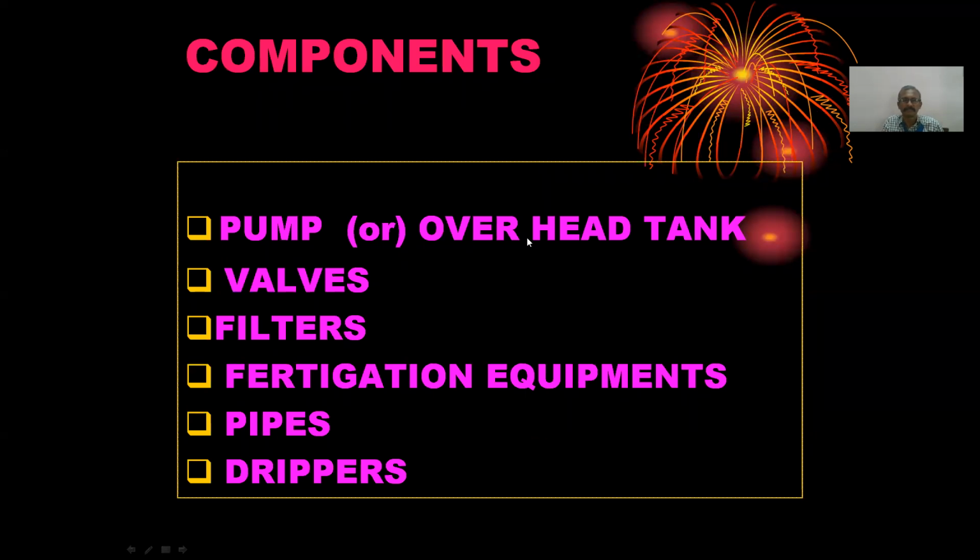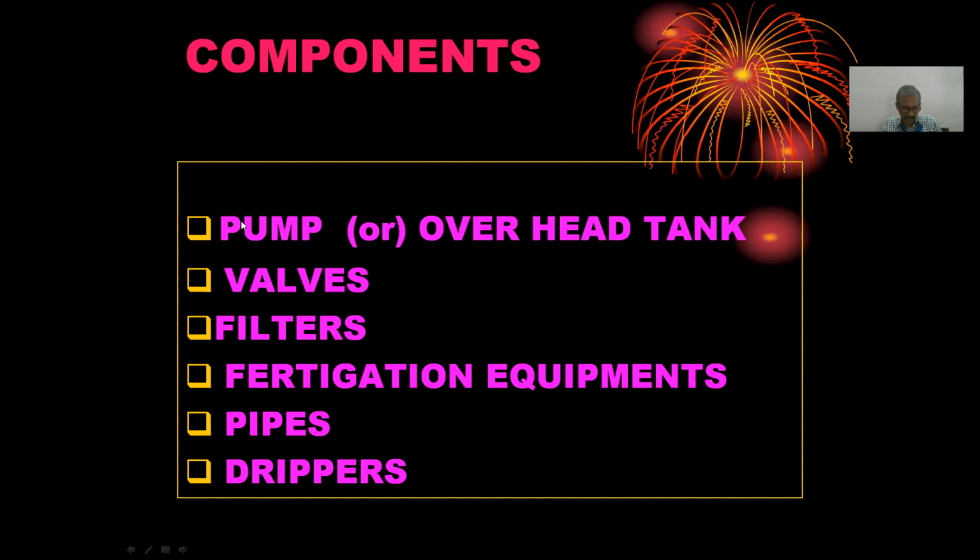And components. What are the components normally used in drip irrigation? Major classification of components is this way. In each of these sections, you will have a number of types. So the first component is pump or overhead tank.